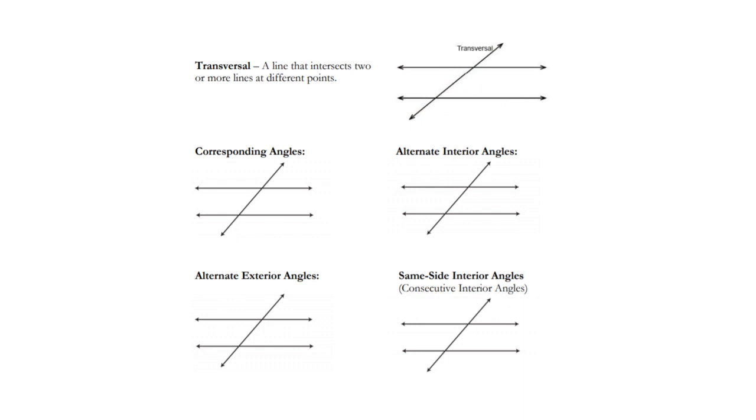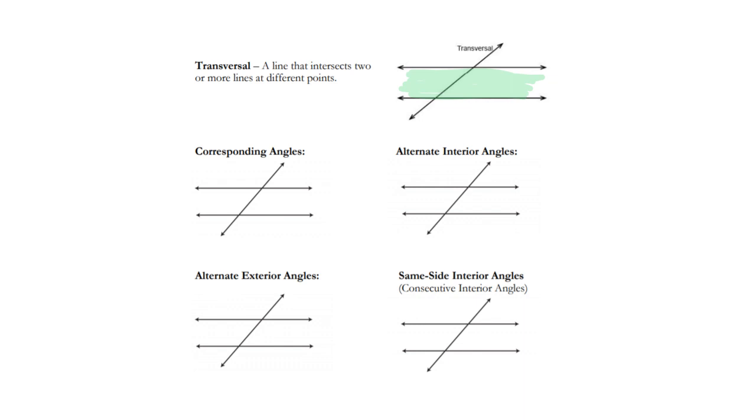Now, something else we're going to have to understand when we look at some of these terms below is that there is also something called the interior and the exterior of this diagram. And that's based on the 2 lines that are being intersected by that transversal. If you think about these 2 lines, there is a space that is between them, we would call that the interior. So I'm going to shade that in here. This is the interior of those lines because it's inside them.